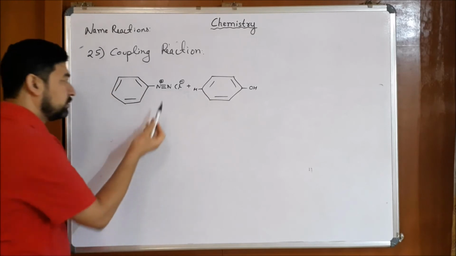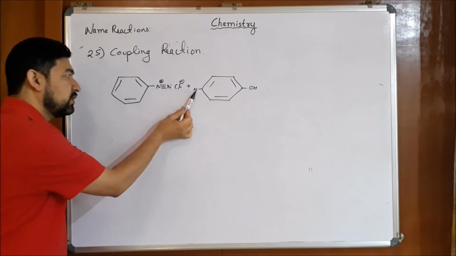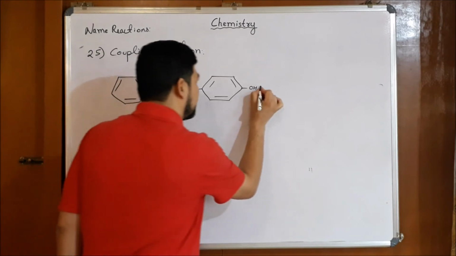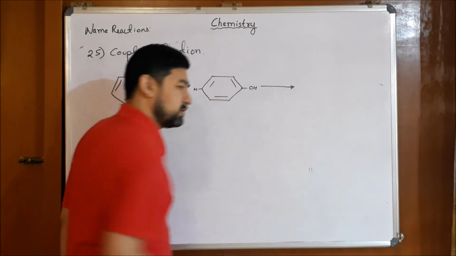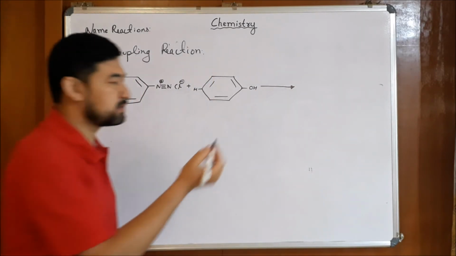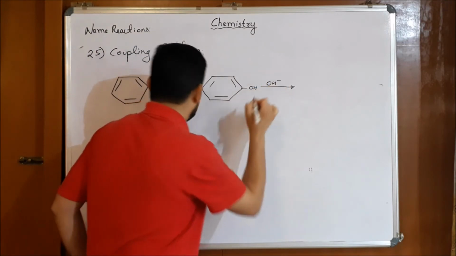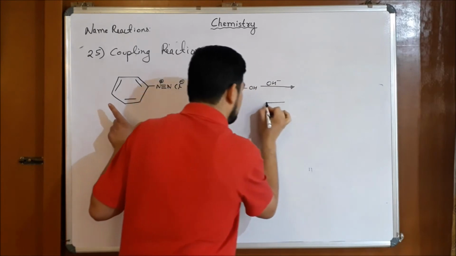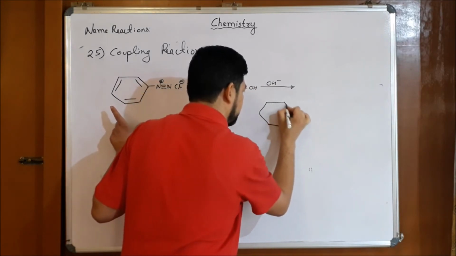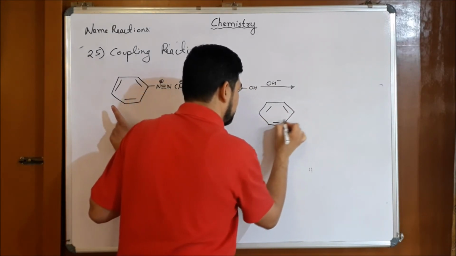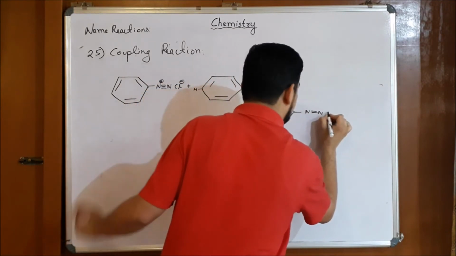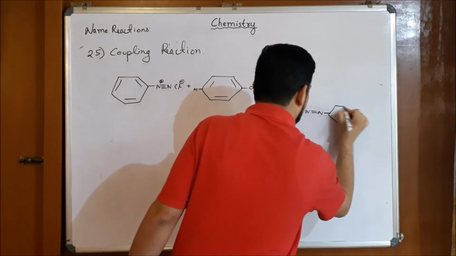Now this nitrogen gets attached with this hydrogen to form a dye in the presence of base. So our product will be N double bond N, and then the phenolic group is there.